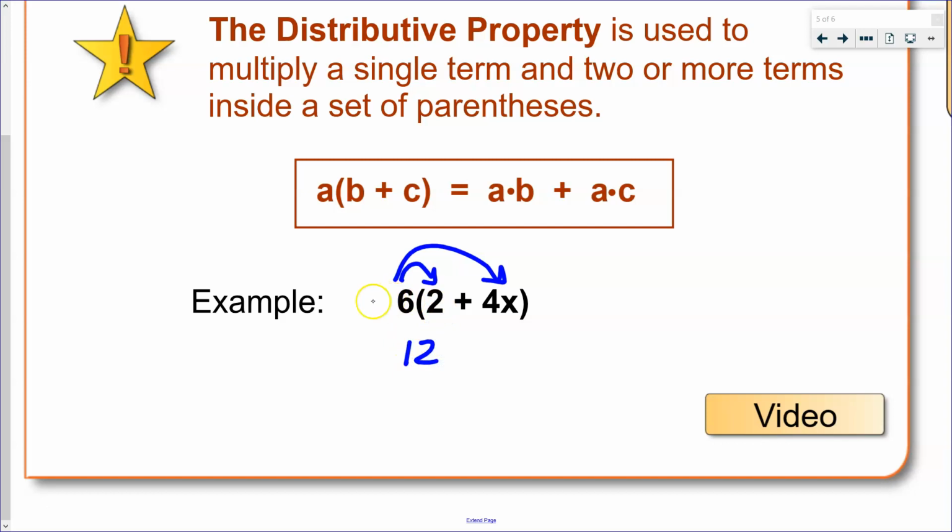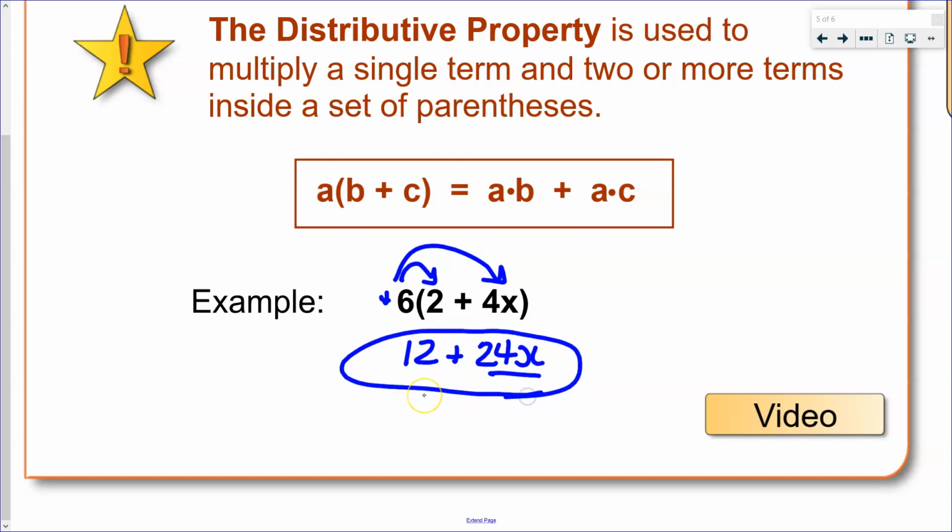This is a positive, right? They don't show a plus here, obviously, but we know it's positive. So 6 times 4 is 24x, and we're adding because this is a positive. All right? That's it. You can't add 12 plus 24 because these are not like terms. This is a totally different term. So this would be what you would get to this point.